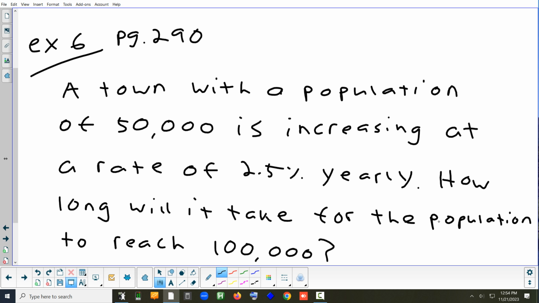Okay, so the key word there is what's the population doing? What's that key word that tells you increasing? So we know it's increasing, but what makes it exponential? It's by a percentage, right? If I said the population was going up 100 people every year, that's not exponential, that's linear, right? Just adding 100. When you go up by a percentage, that's exponential.